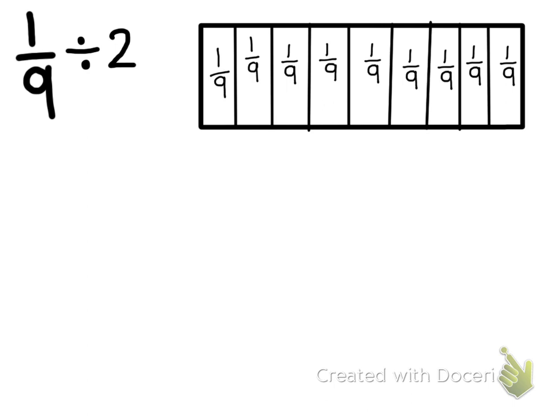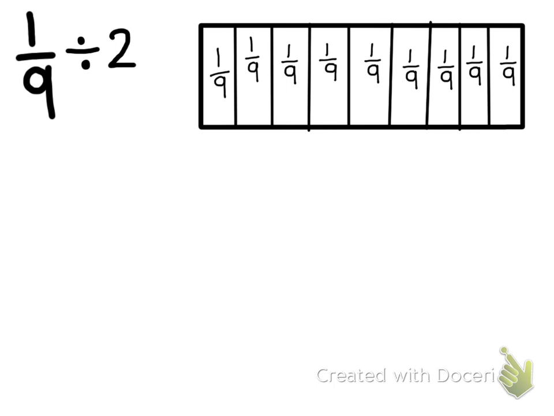And if I were to add them, 1/9 plus 1/9, I have 2/9, 3/9, 4/9, 5/9, 6/9, 7/9, 8/9, 9/9. That would put you at 9 out of 9, which is 1 whole, which is the original unit we started with.